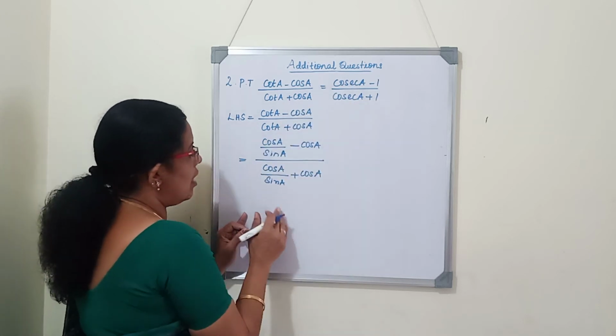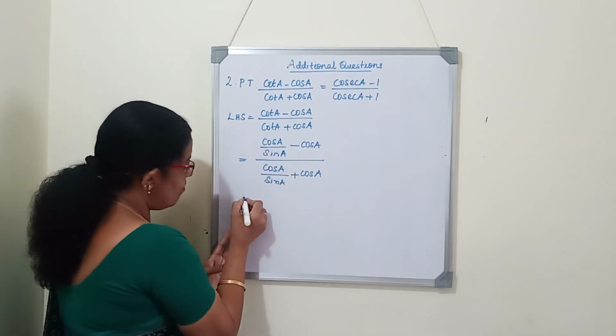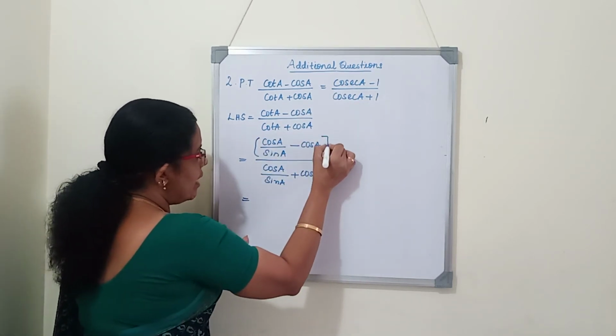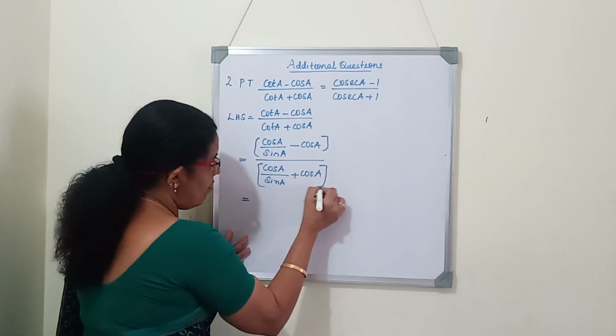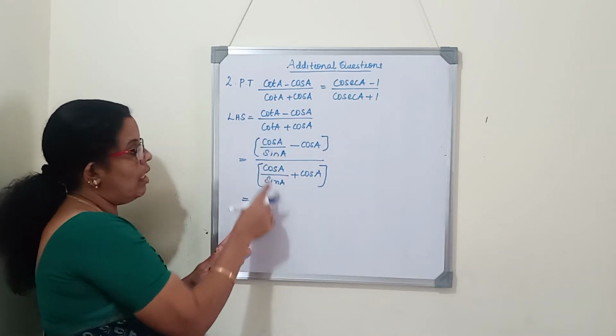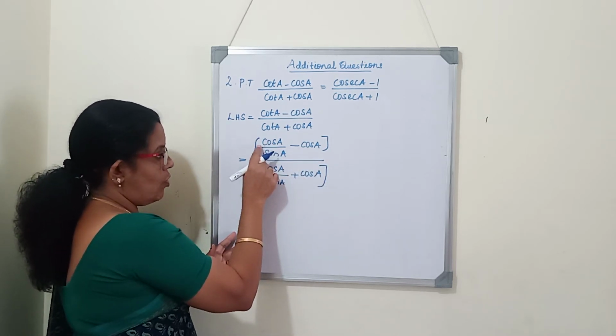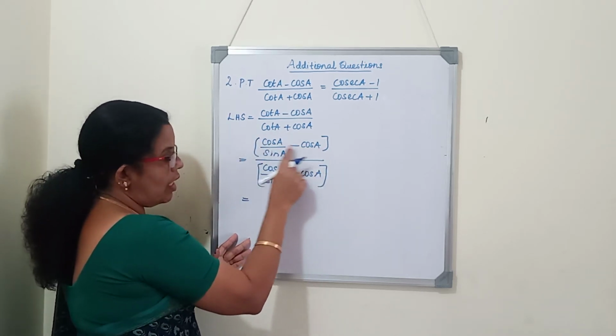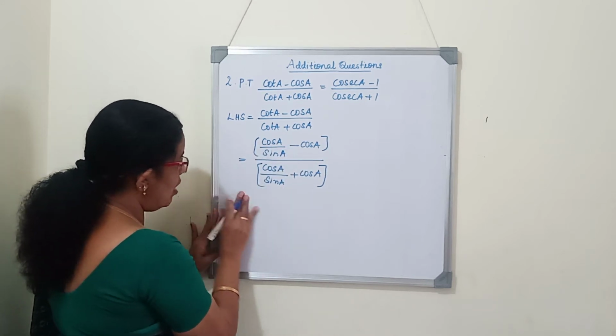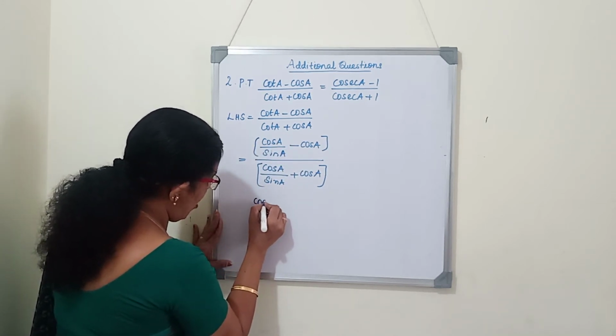So to get cosec A, what we have to do is, from the numerator and the denominator, we will take the common term outside. So here cos A by sin A minus cos A. In this term cos A and here cos A, so cos A is the common factor in the numerator. So we will write cos A outside first.